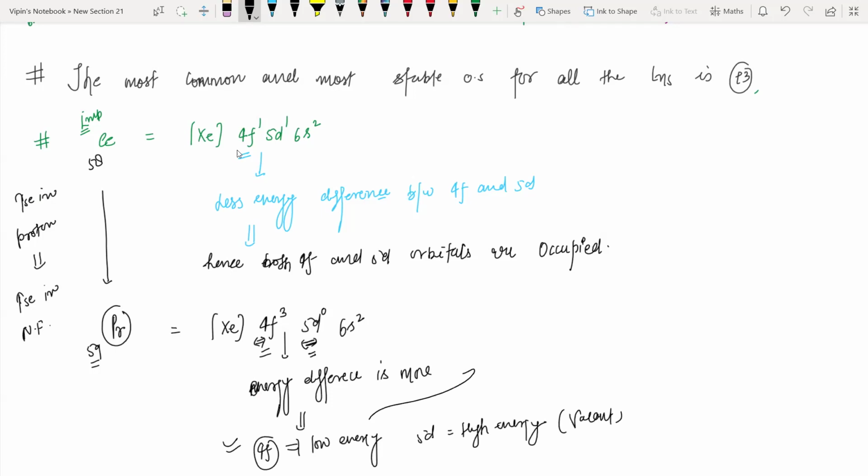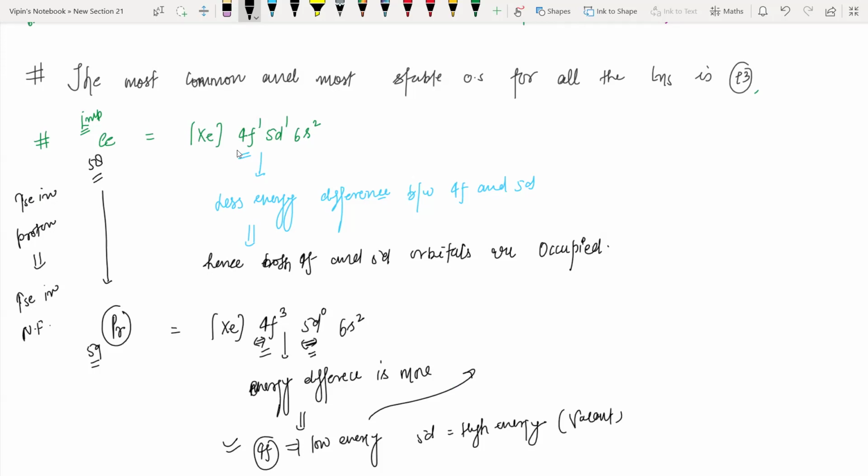In the initial stage the energy difference is less because the nuclear force is less. You can ask how it is possible that an increase of one proton leads to an energy difference between 4f and 5d orbitals, so that the electrons occupy only the 4f orbital. Actually, this process starts from lanthanum also. So the change on going from cerium to praseodymium is not in a single step.